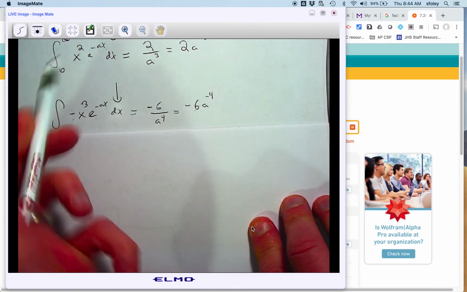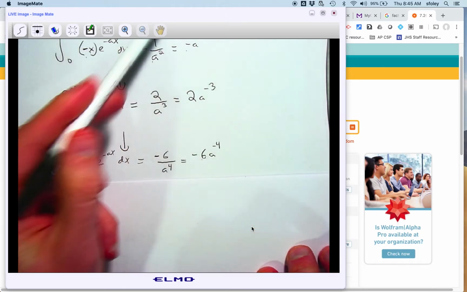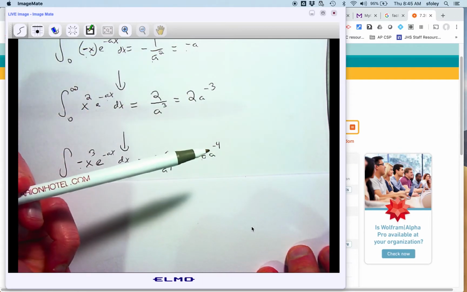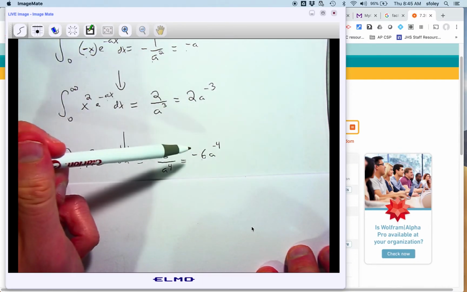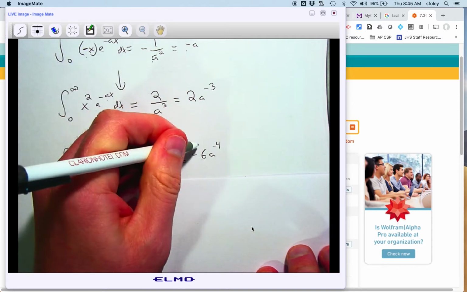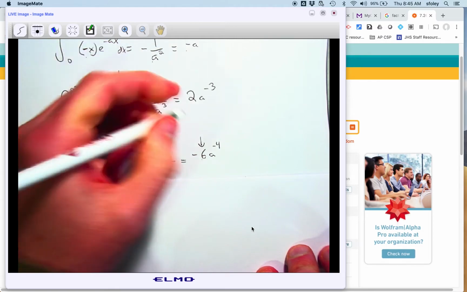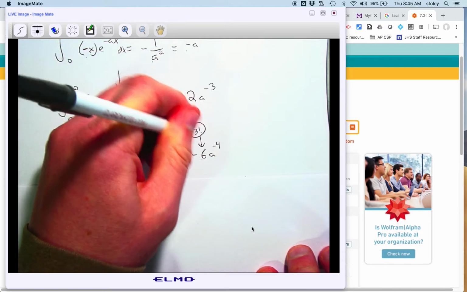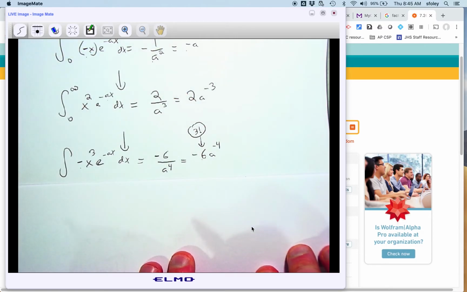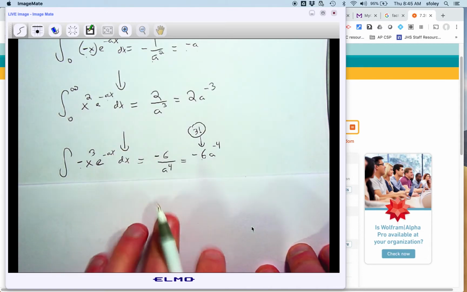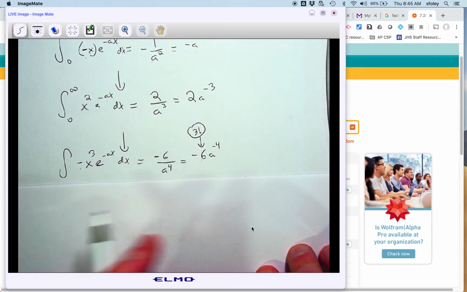Why is that so interesting? Well, because think about where all these numbers come from. I just keep multiplying by that next number. And again, the sign flips back and forth between positive and negative. But really what this coefficient in front is creating is factorial. And so that 6 was really 3 factorial. And the next one down the line is going to be 4 factorial, and so forth.